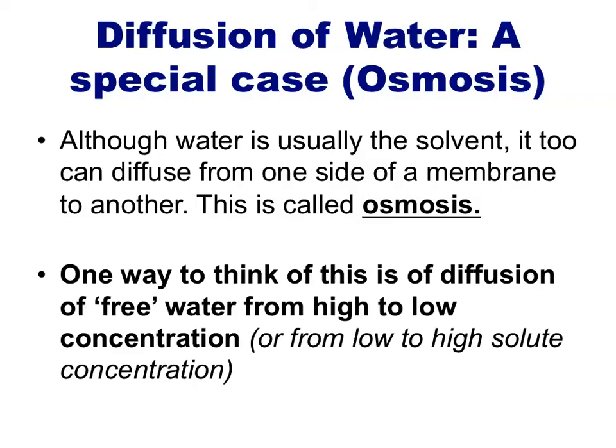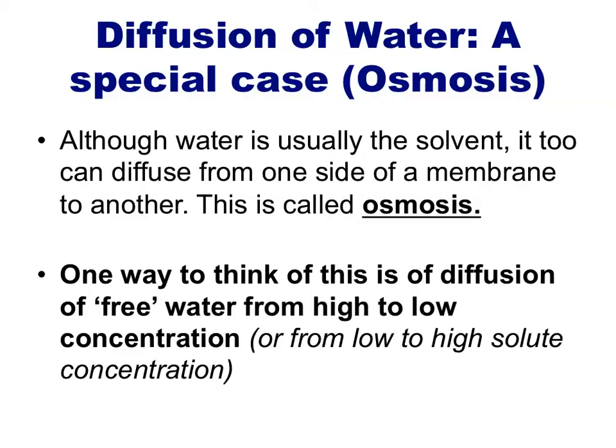Therefore, on a side of a membrane with a high concentration of solutes, there will not be a lot of extra water or free water around. So this would actually represent a low concentration of free water. Water will move from an area of a high concentration of extra water to a low concentration of extra water.